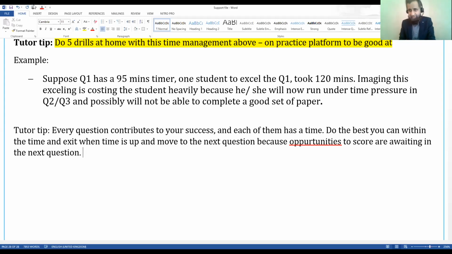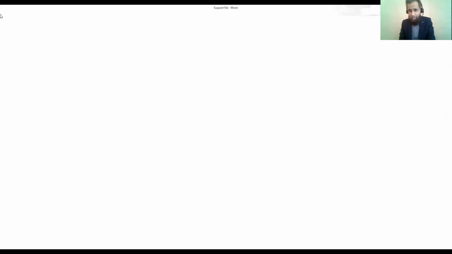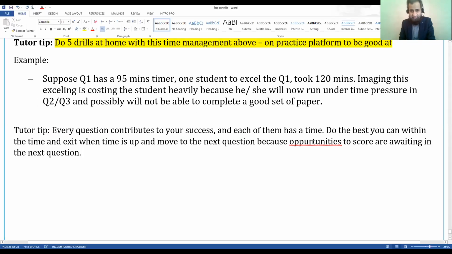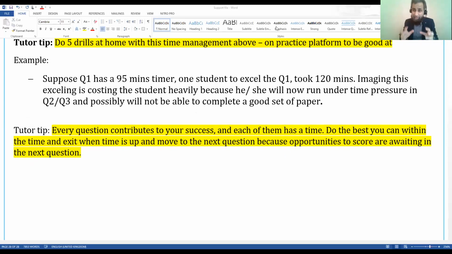Read this sentence and tell me to how many of you this makes sense. Just read tutor tip number 2 and tell me to how many this is making sense. But I hope you will implement it, because that's the big problem.